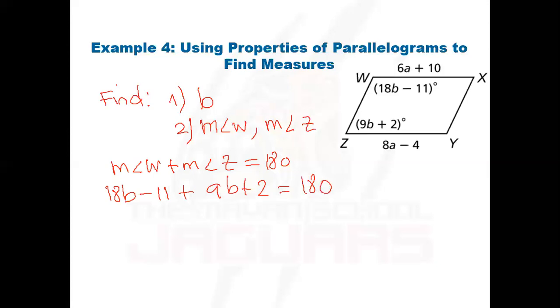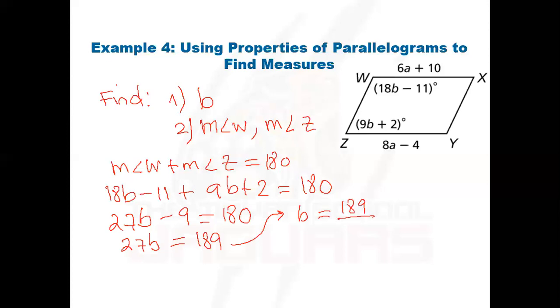So let me simplify it here. 18b plus 9b gives us 27b. Negative 11 plus 2 is negative 9, and this must equal 180 degrees. Then, leaving alone the b expression, 27b becomes 180 plus 9, that is 189. Finally, leaving alone the b, it would be 189 divided by 27.